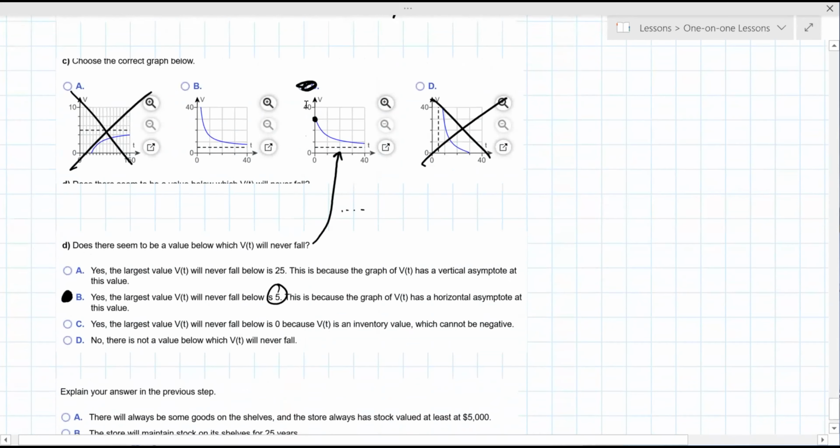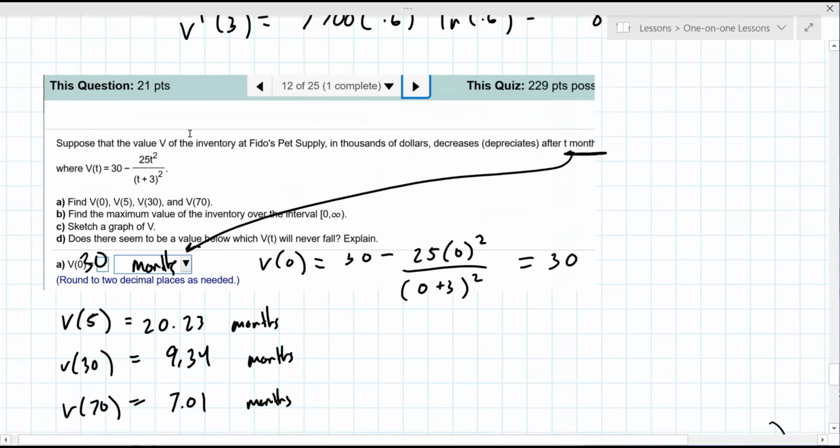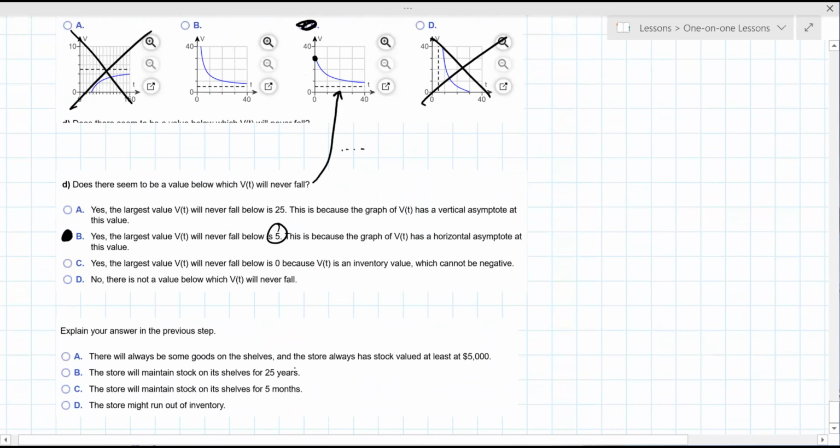So whatever the units of V are, V is the value of the inventory. That's why, because these are the wrong units. Wrong unit, wrong unit. Stupid answer. So it has to be A because it's got the right units of money in it. All right. So that's your shortcut to knowing how to do that part.